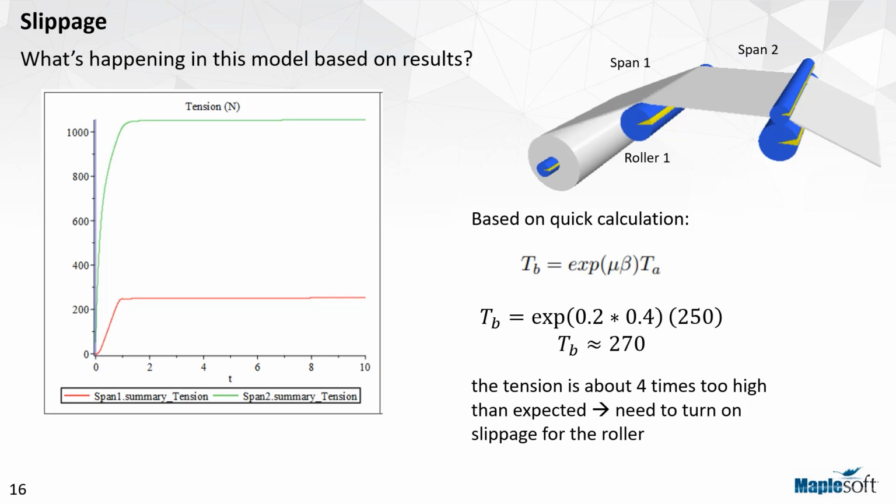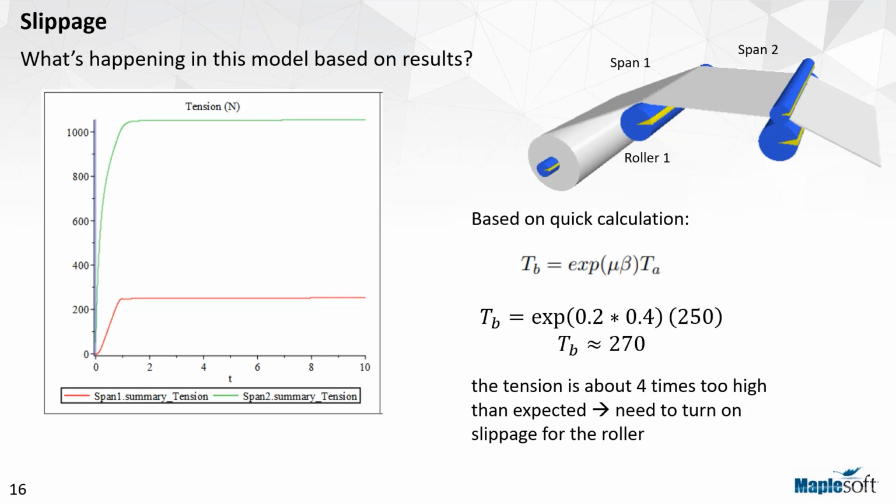Multiplied by the tension on the low side, so in span 1, which is about 250, we can see that we want the tension on the other side of the roller in span 2 to be roughly 270 newtons. And we see that that is not the case with span 2. It is currently about 4 times higher than what it should be.